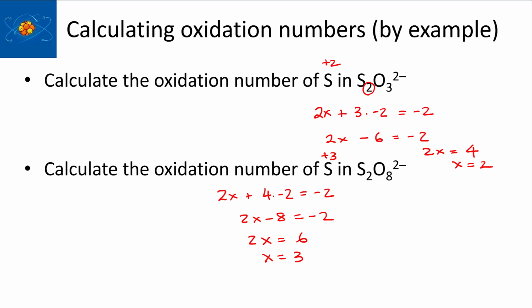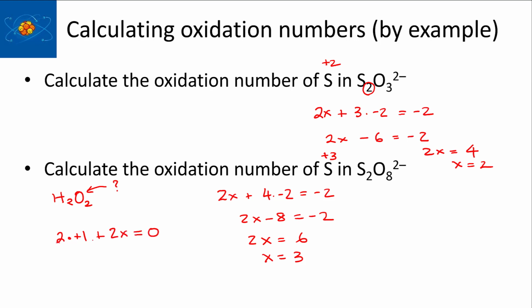I think I want to do one more. I thought of one that's important to know, which is H2O2. Okay, so we assume that hydrogen is plus 1. That's one of the rules. So we're going to say hydrogen, and we want to know the oxidation number of oxygen now. So 2 times plus 1, that's for the hydrogen, plus 2x equals 0.